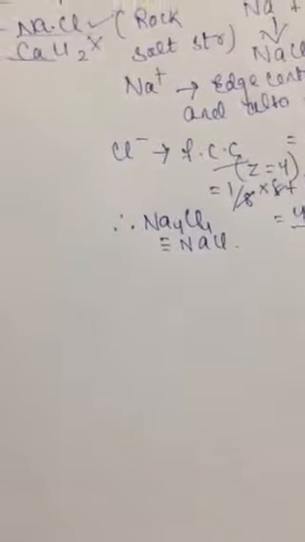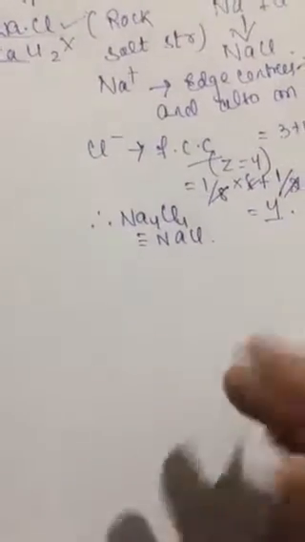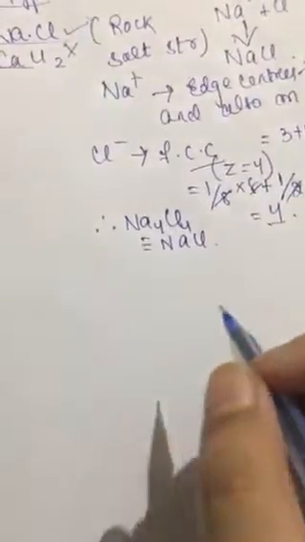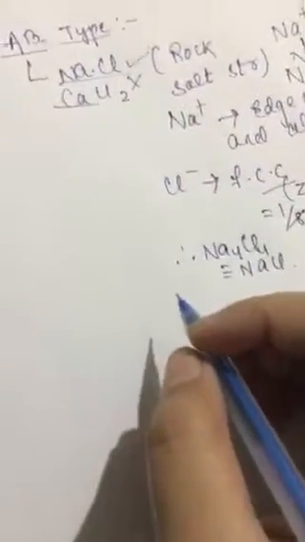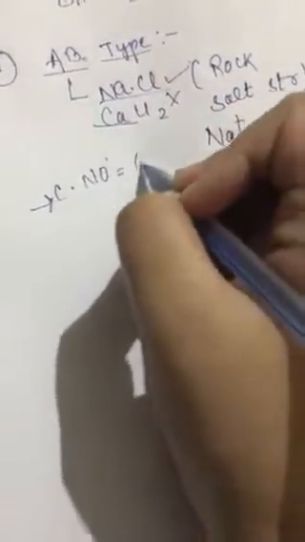Then the next thing we will read is the second characteristic of this arrangement. The second characteristic is that its coordination number is 6.